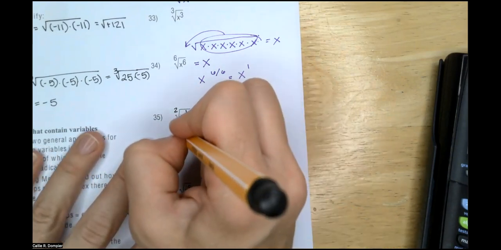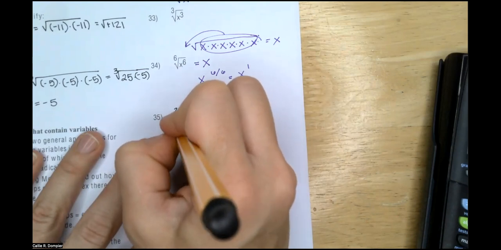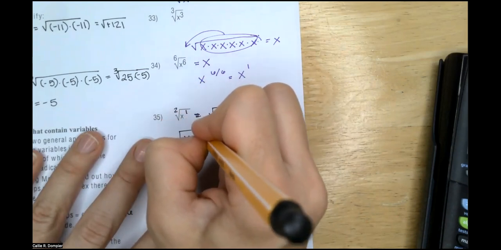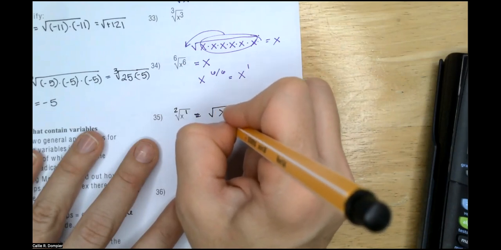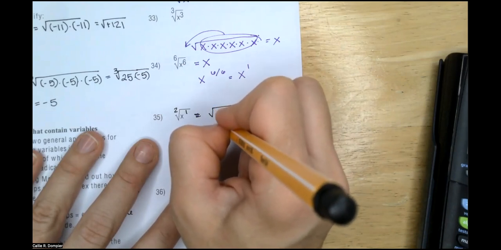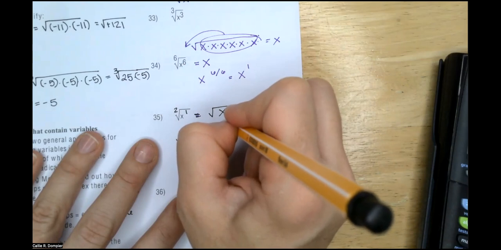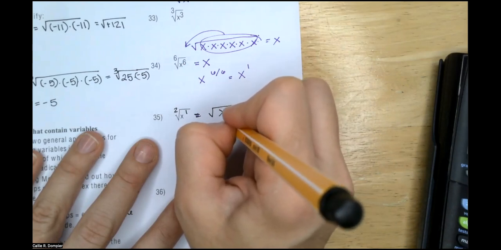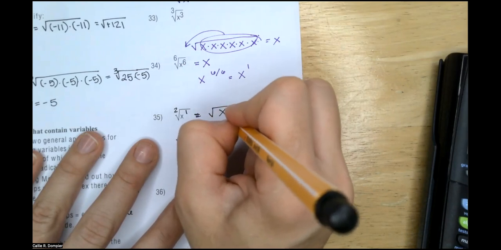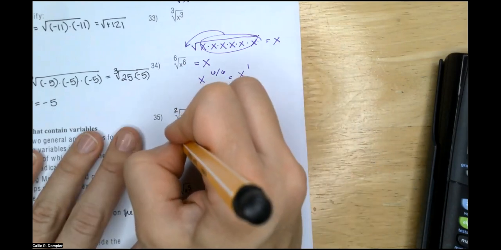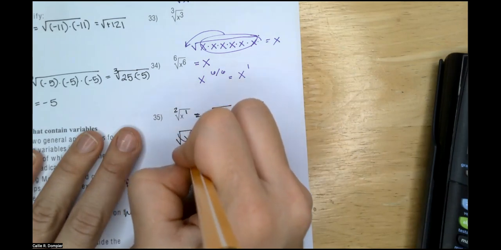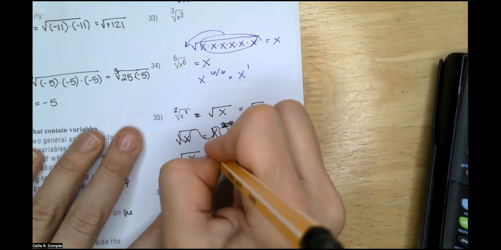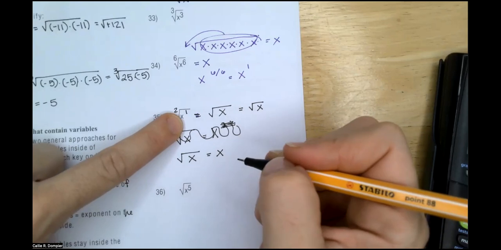So now we have x to the power of 1. Sorry, I got nervous. Ignore me. Okay, the square root of x equals x.